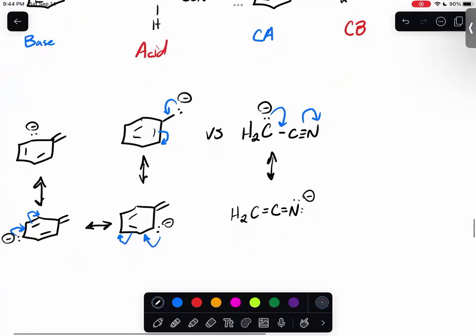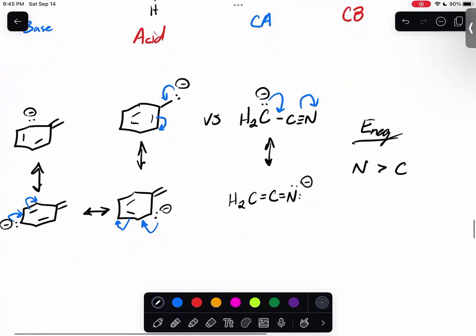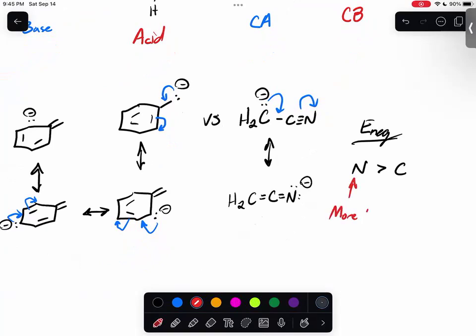But as I said in the previous lecture video, one does better resonance, because in terms of electronegativity, nitrogen is greater than carbon. And so since nitrogen is more electronegative, it is also better resonance.